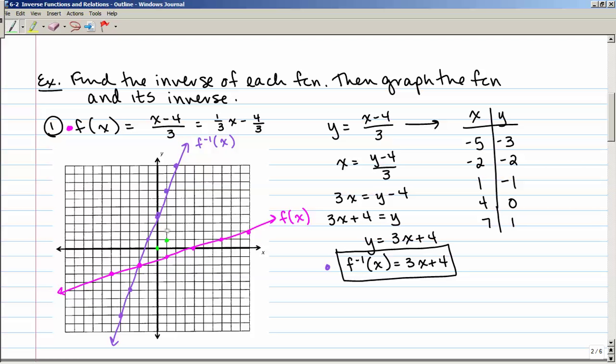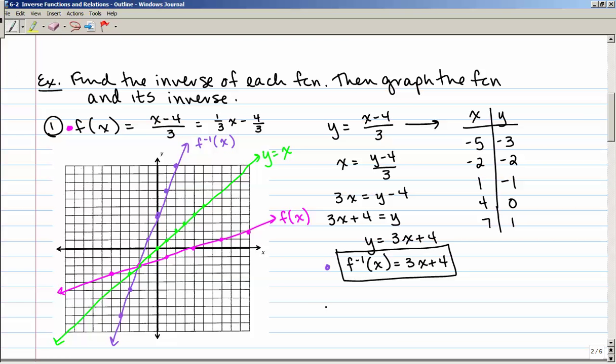So the line y equals x, whatever x is, y is the same thing. So that's 1, 1, 2, 2, 3, 3, and so on. I'm going to graph that line right here. And that's the line y equals x. Notice that the pink line, if you reflect it, kind of flip it over the green line, it becomes the purple line.